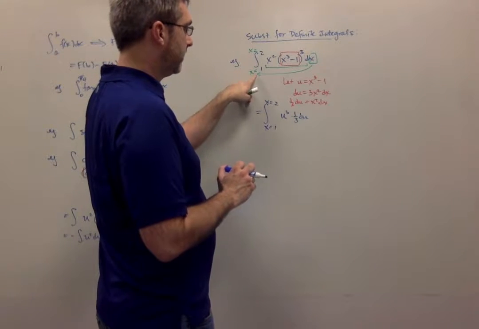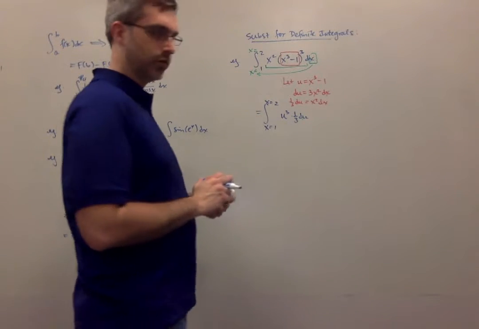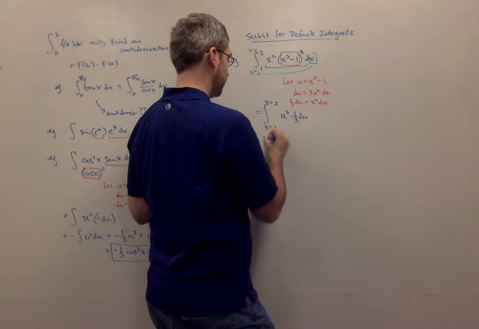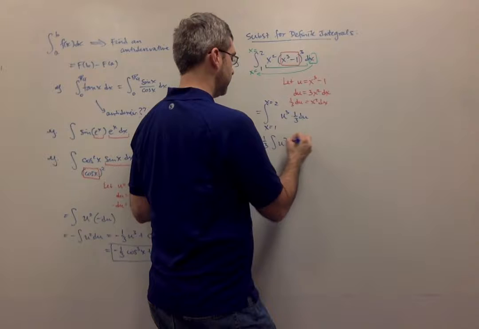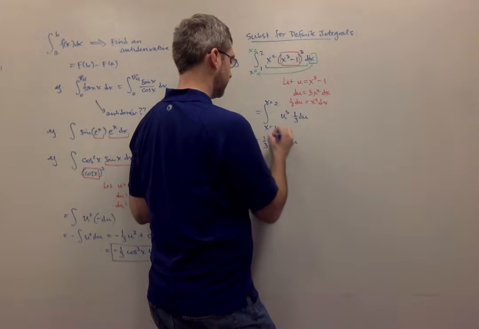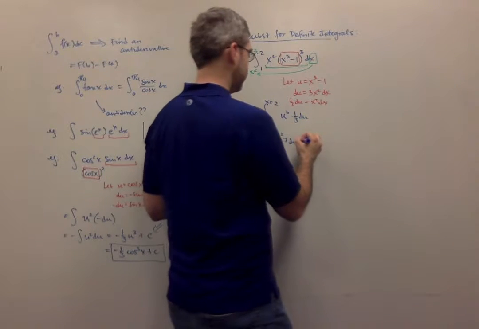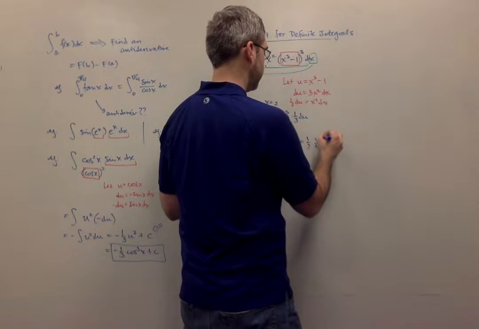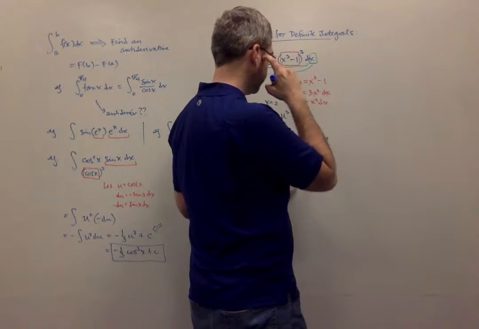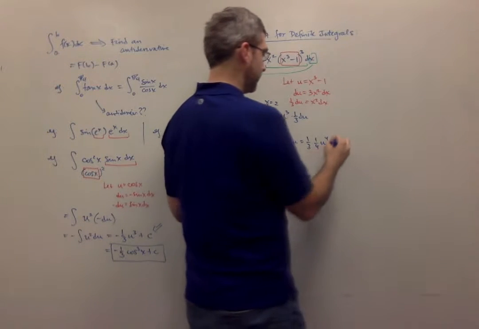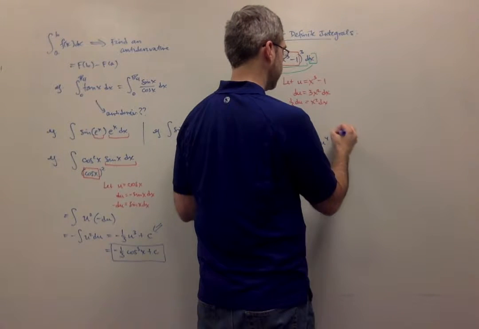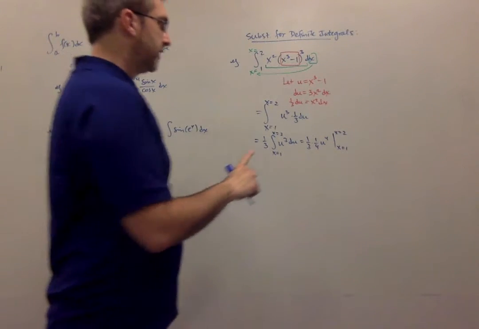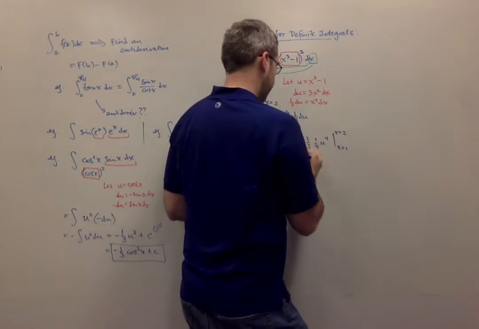If I leave this with x equals 1 and x equals 2, again, we pull out the 1/3, and I need the integral of u cubed. So the antiderivative of u cubed is 1/4 u to the 4th. Okay, I don't need the plus c because we're talking about definite integrals here. And now what I'm going to do is substitute back to my x's.